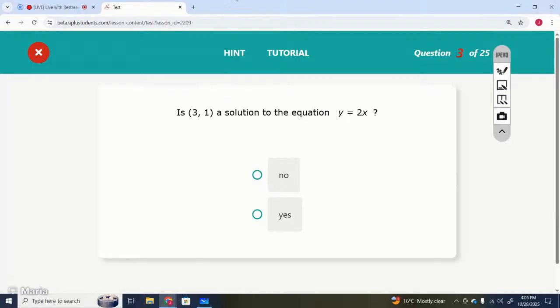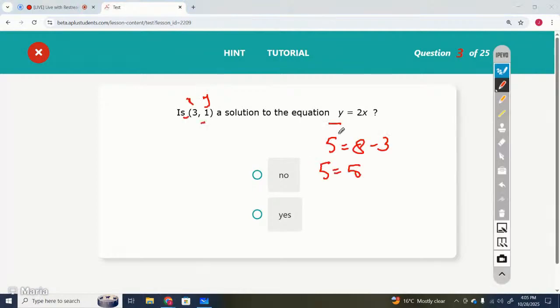Is 3, 1 a solution to the equation y equals 2x? X is 3, y is 1.